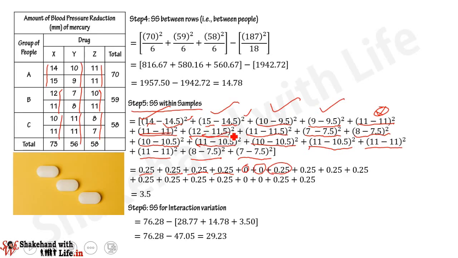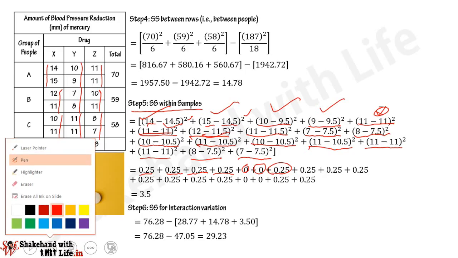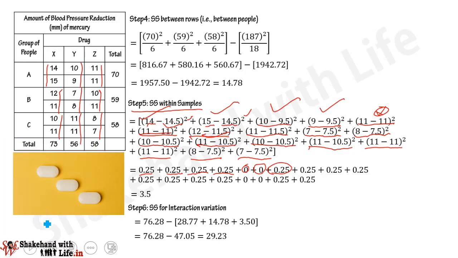Then 0.25 from this, and I take a different color to identify that. Then from this we get 0.25, and again 0.25, right? So 10 minus 10.5 squared we get 0.25, and again 0.25 from each of these.